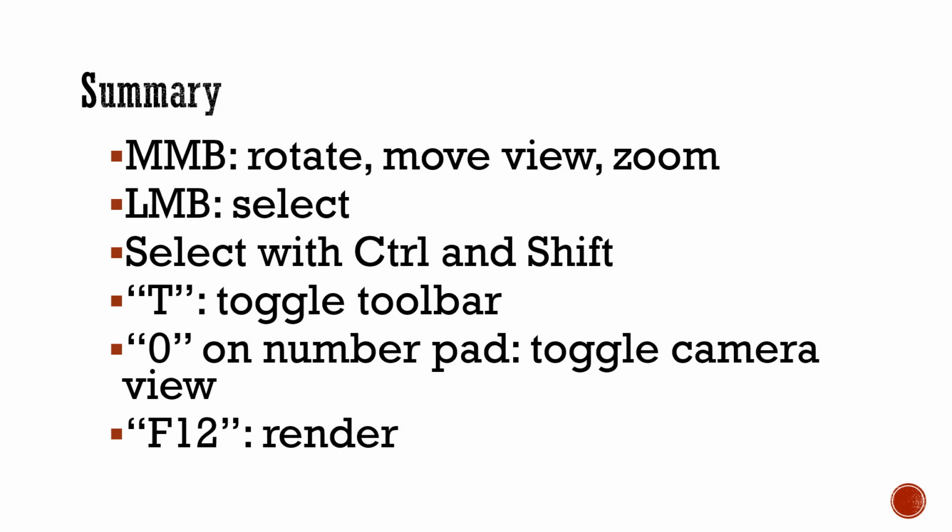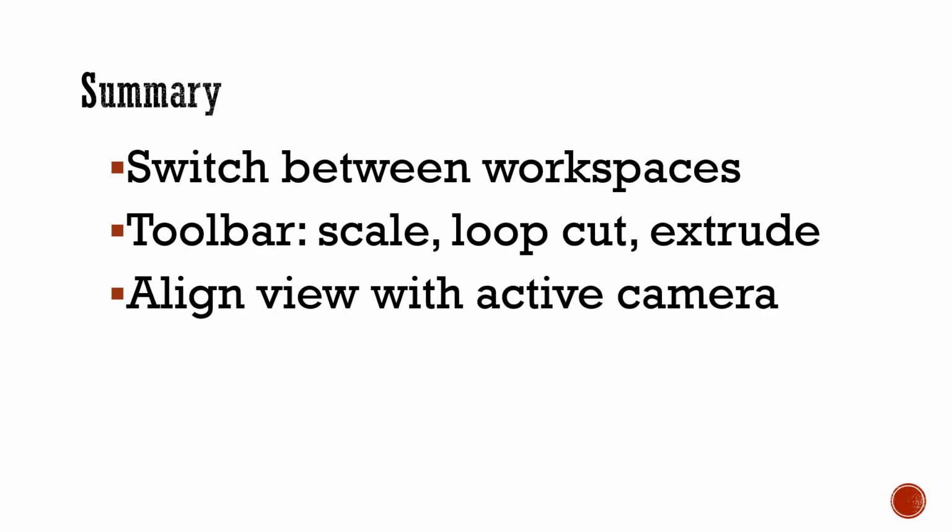T to toggle toolbar, 0 on number pad to toggle camera view, F12 to render from 3D model to 2D image. Switch between workspaces with toolbar menu like layout and modeling. Use tools from toolbar to scale, loop cut, and extrude geometry. Align active camera to selected object.